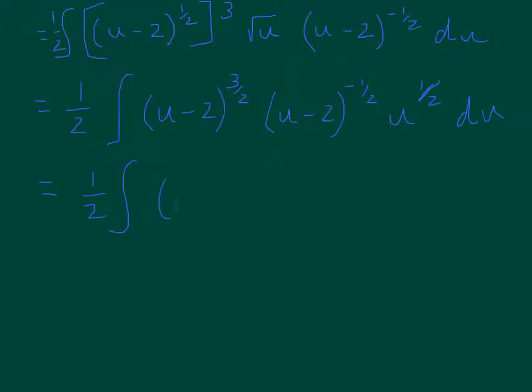So we end up with just U minus 2 to the first power, which is just U minus 2, and that's still times U to the 1/2. U to the 1/2 can be distributed through the parentheses, so we end up with 1/2, and distributing there will make U to the 3/2 minus 2U to the 1/2.